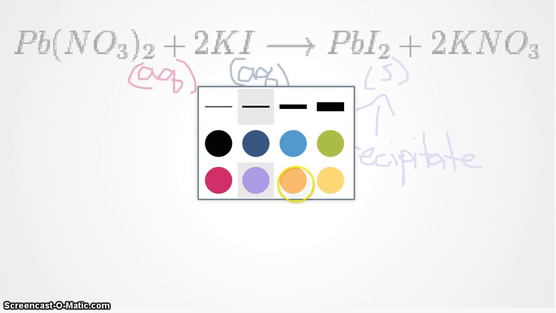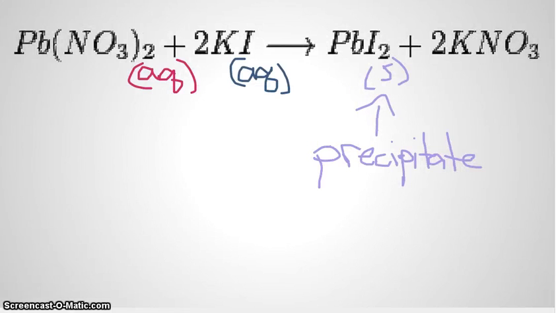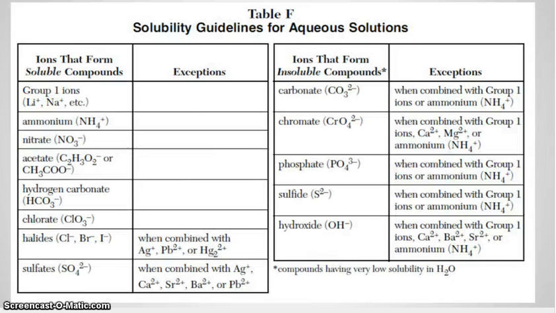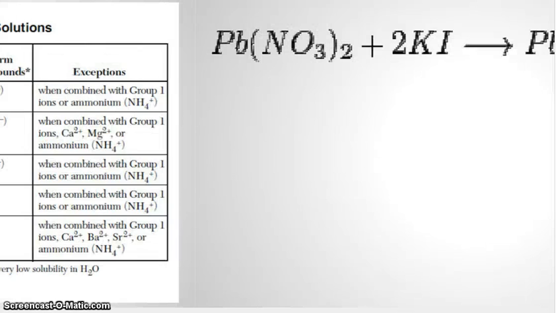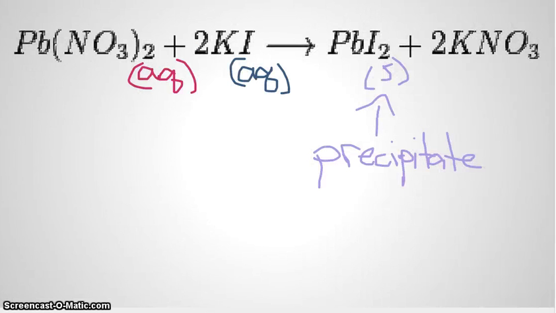All right, and let's just double check our last one here, KNO3. That's potassium nitrate. So we go back and remember what we said about nitrates. Whenever you have nitrate, it will always be aqueous. So whenever you see an NO3 on the end of a compound, it automatically tells you that that is an aqueous substance. It can dissolve in water.